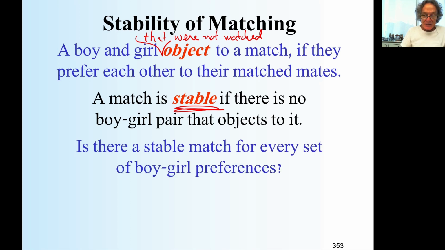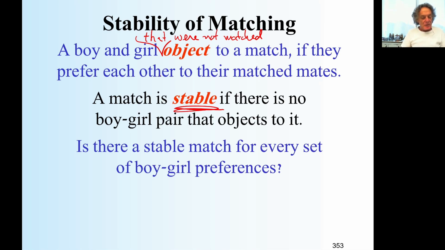Is there a stable match for every set of boy-girl preferences? That's the question that David Gale asked in a letter, I think in 1959, to Lloyd Shapley. David Gale was at Berkeley, and he could not solve the problem.